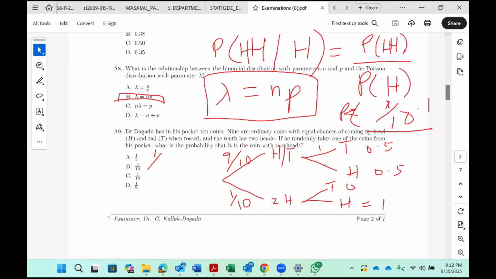So you have 1 over 10 times 1 over the probability that it is what? 0.5 times 0.9 plus the denominator is 1 over 10 times 1. That's 0.1. So you multiply, indirectly. Let me clean this.